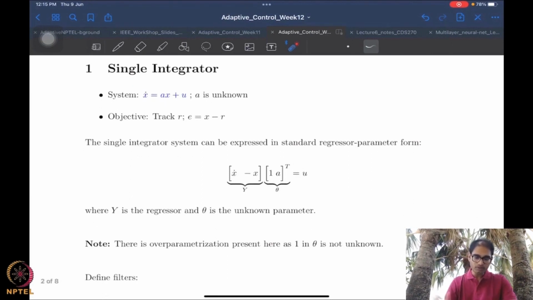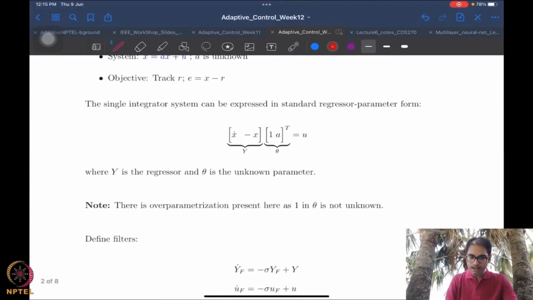So what we do is we want to express any system, in this case a single integrator, in a standard regressor parameter form. And what is the standard regressor parameter form? We want to write our dynamical system as Y theta equal to u.